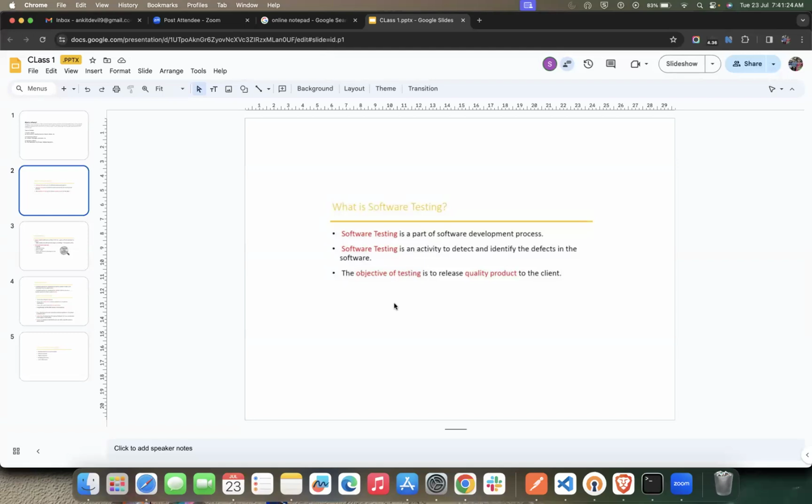sectors they have dedicated engineers that test the entire vehicle, or in a food processing plant they have their quality, I mean QC engineers, as well. They test the quality of food. So we do testing in all the industries.